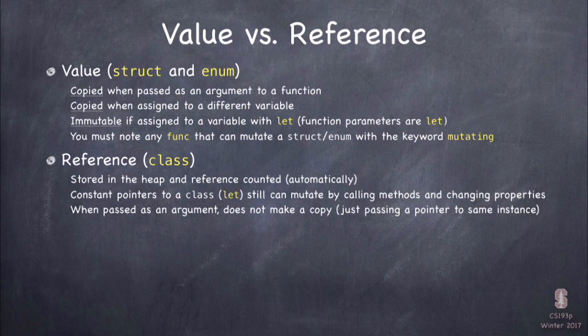Now, a reference type is pretty different in that it gets stored in the heap somewhere with a pointer to it. And when you pass it around to a function or assign it to another variable or something like that, you're just passing a pointer around to it. And by the way, when you say let x equal a reference type, you can still send it messages that will mutate it.